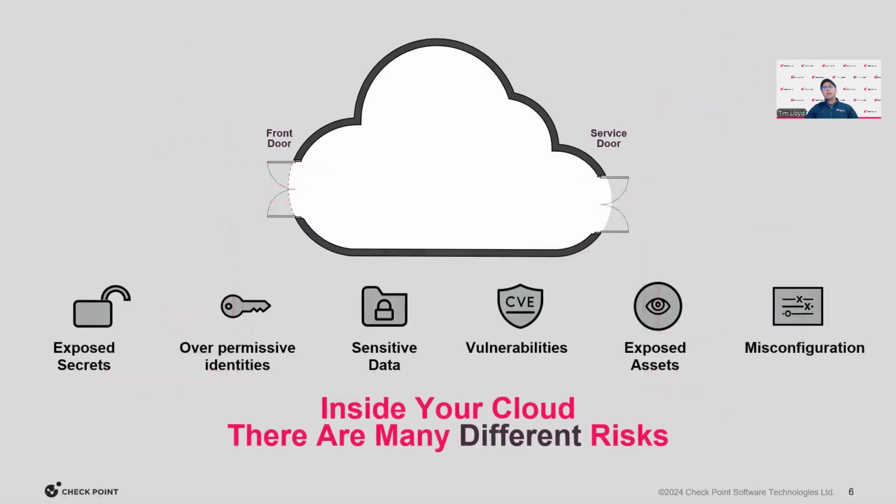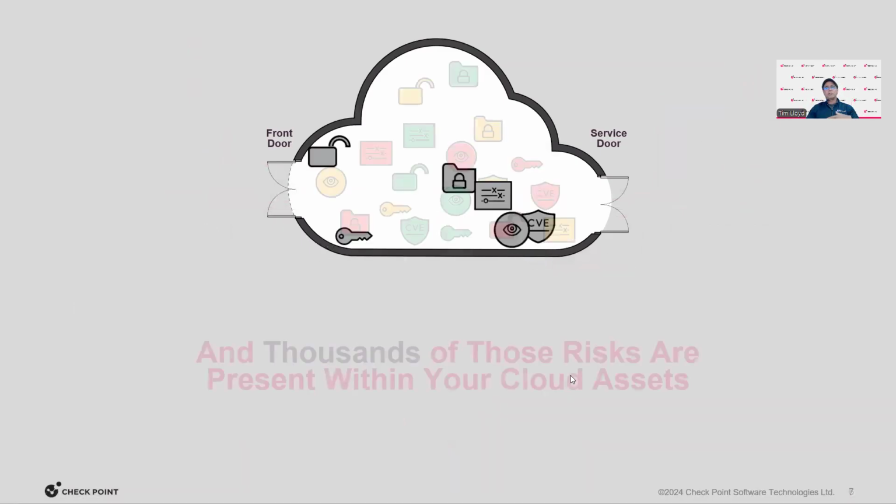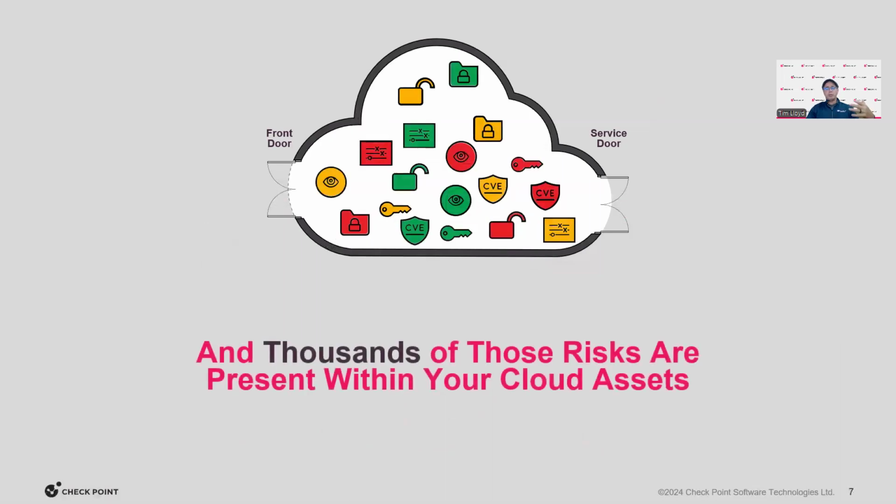And inside the cloud, there are other threat vectors. There are many different threat vectors, and it's very difficult to stay on top of it all. There are thousands inside the cloud because it's so dynamic, and there's such a wide breadth of services offered by cloud vendors, and they all impose some sort of risk that requires some type of control.